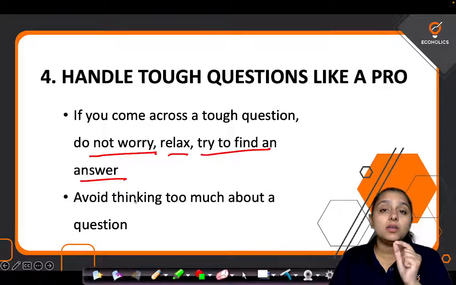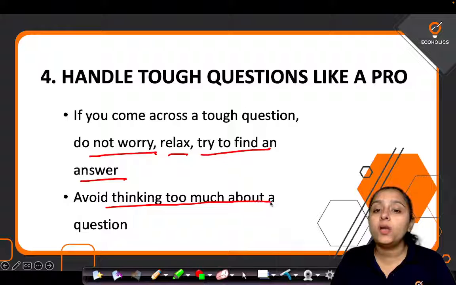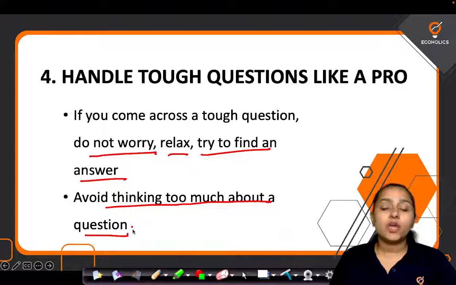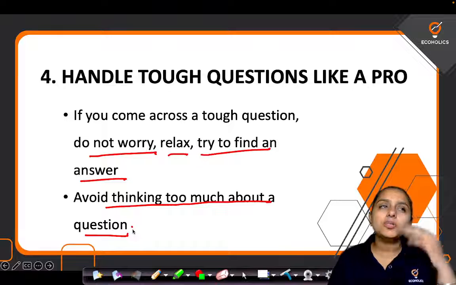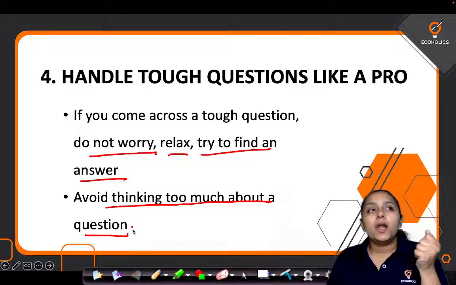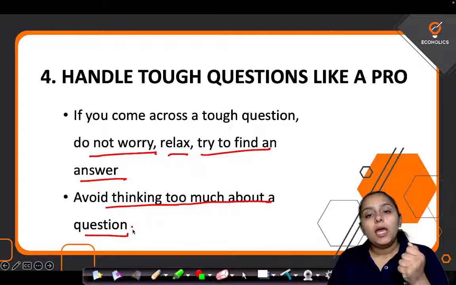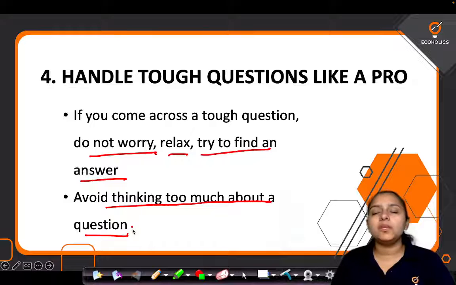And the another important thing is avoid thinking too much about a question. Very common thing which people do is, एक question नहीं आया, क्यों नहीं आया? Because I was feeling कि पढ़ा तो था, I have studied about it. And then even if I go to the next, I will keep thinking कब पढ़ा था, कहाँ पढ़ा था.